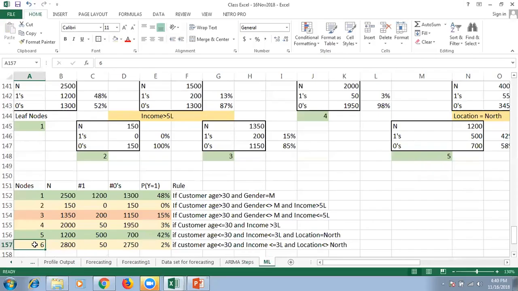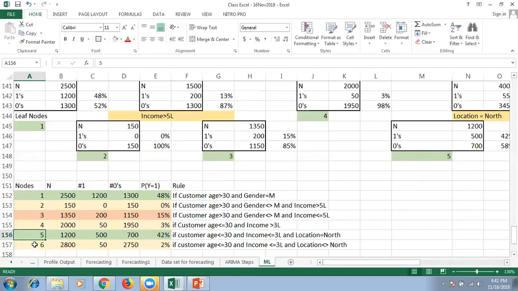Do you agree with me? So now you understand the purity of a node. When I look at the node, maximum customers belong to the same category, then the purity is more. Do you agree with me?